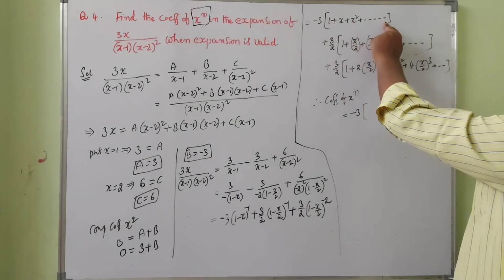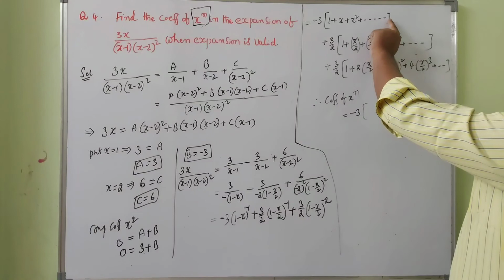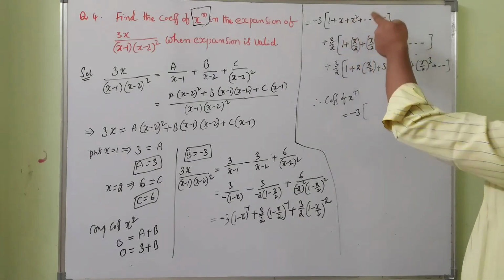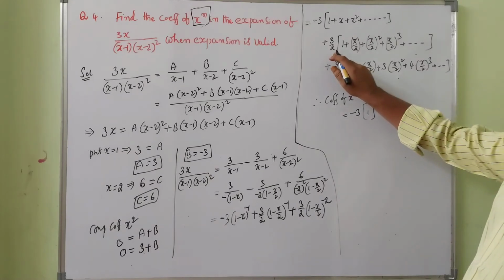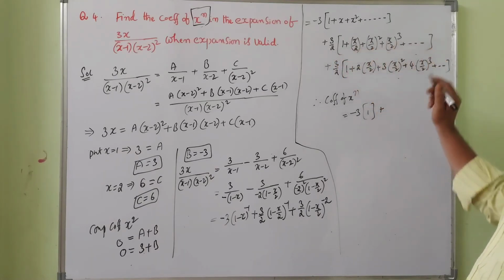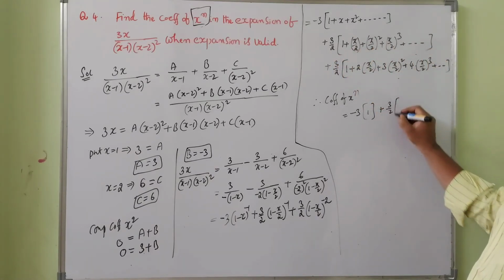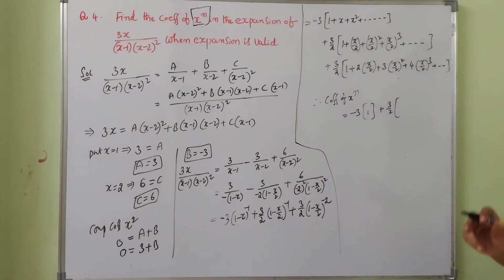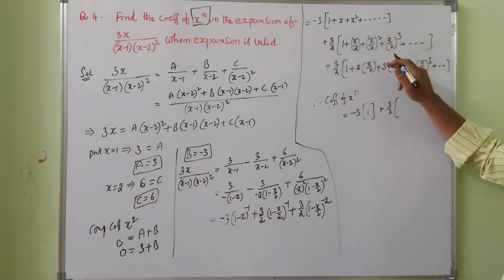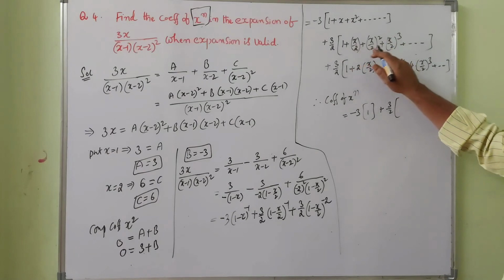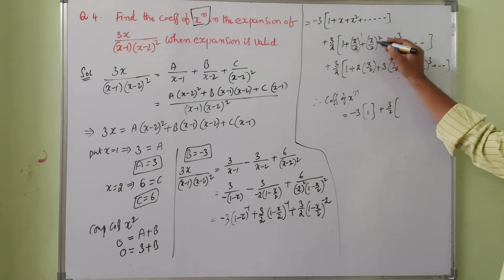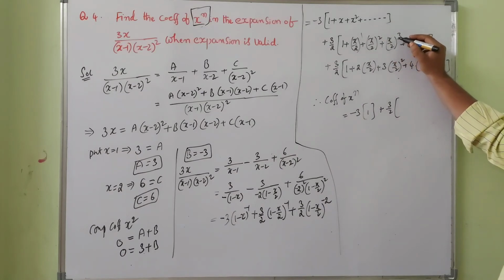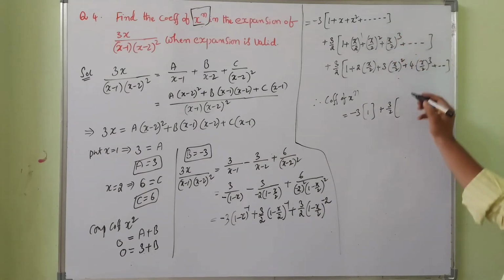If you continue, somewhere you will find x power n, all the coefficients are 1, so x power n coefficient is also 1 you will get. Now second series 3 by 2 is for all the terms in this second series. Look the terms here, x power 1 coefficient is 1 by 2, x square coefficient is 1 by 2 whole square, x cube coefficient is 1 by 2 whole cube, like that.